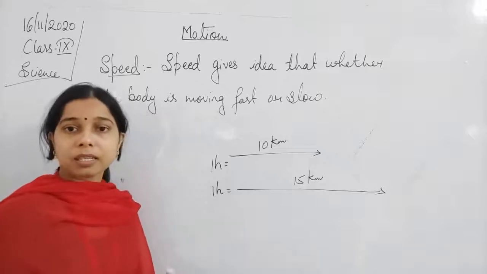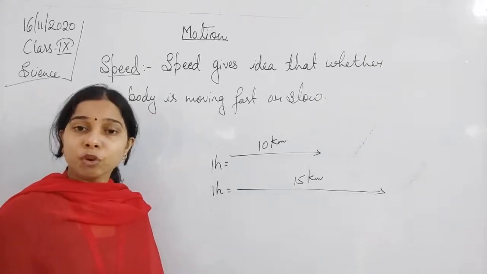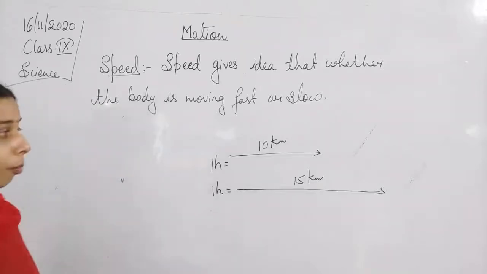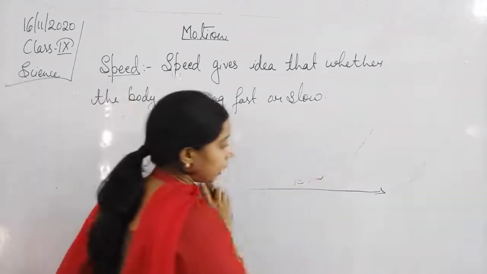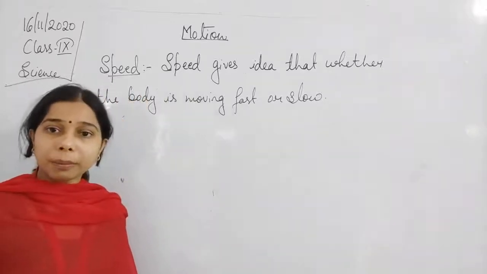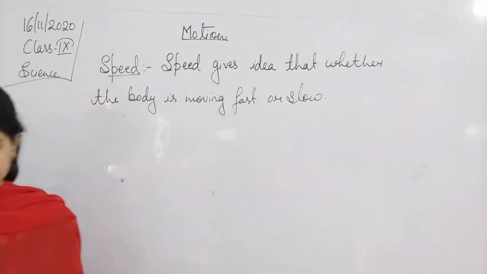So by this we can say, students, that it is moving fast or it is moving slow. So distance and time, both of them explain the speed. So the definition of the speed will be related to the distance and the time.